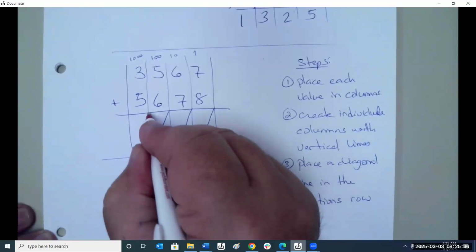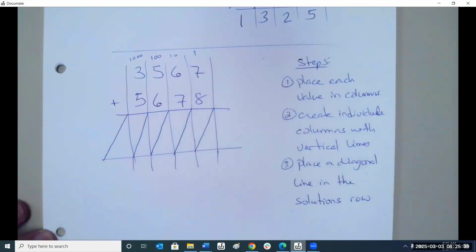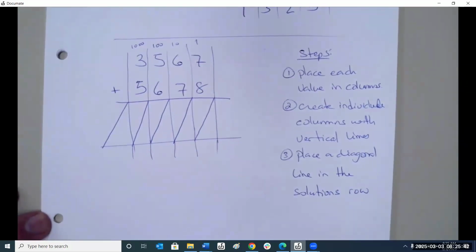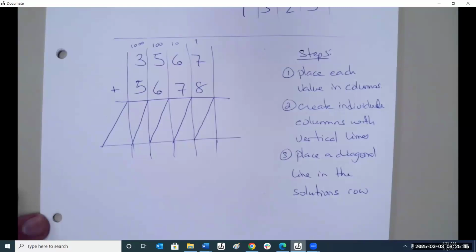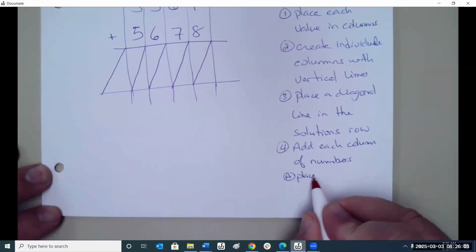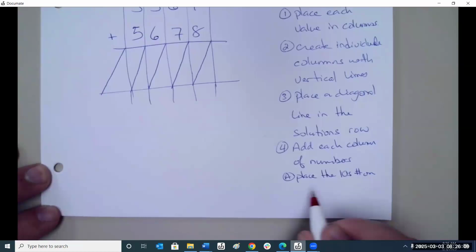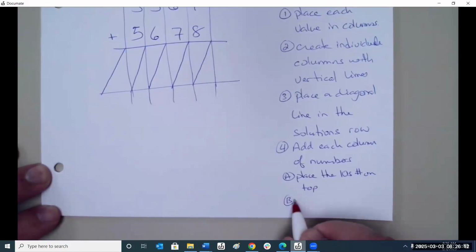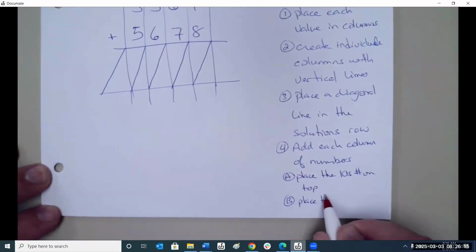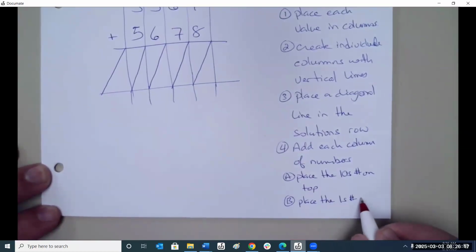Step 4: add each column of numbers. Place the tens number on top. Place the ones number on bottom.